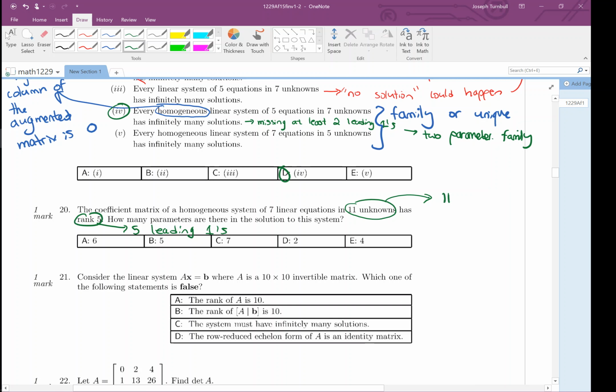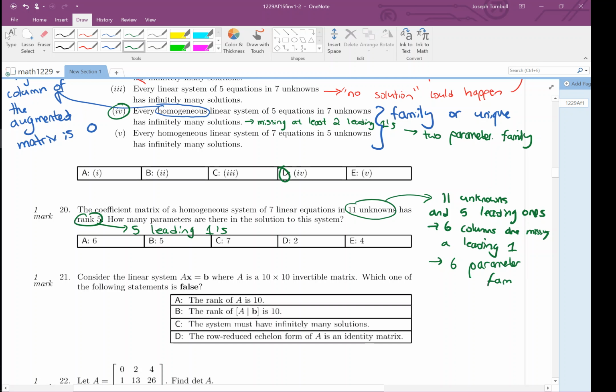So we have 11 unknowns, 11 variables, and 5 leading ones. That means that we have 6 columns are missing a leading one. 11 minus 5. That means 6 parameter family.